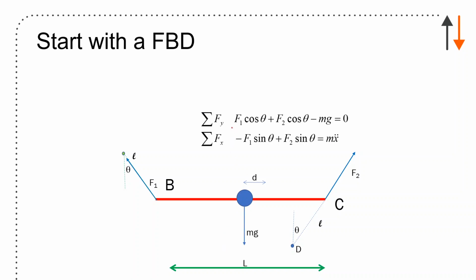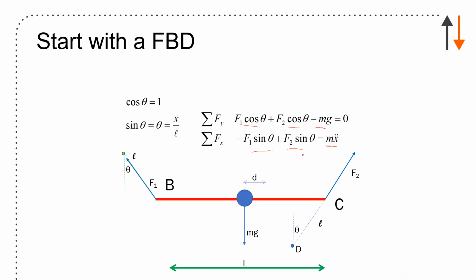So sum of forces in y: F1 cos theta plus F2 cos theta minus mg, because the weight's going to be acting in there. And then I'll have opposing forces in the x direction, and that will equal m x double dot. So that x direction is where I expect to see all of the displacement of this thing. Now, as a typical case that I do in the lecture, and one which you're probably really familiar with, these are small displacements.